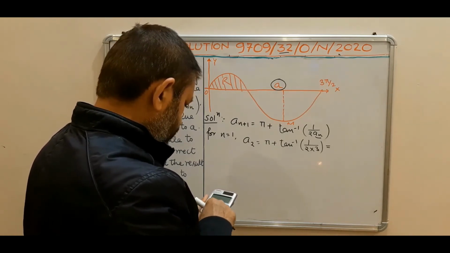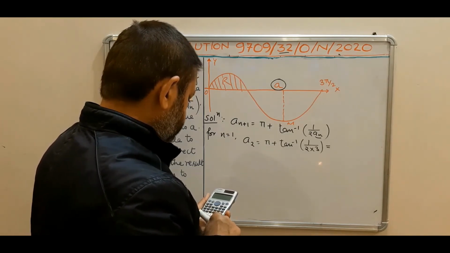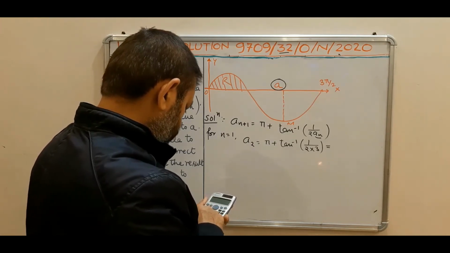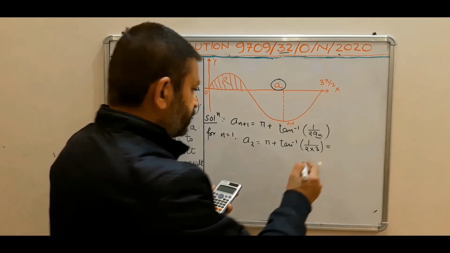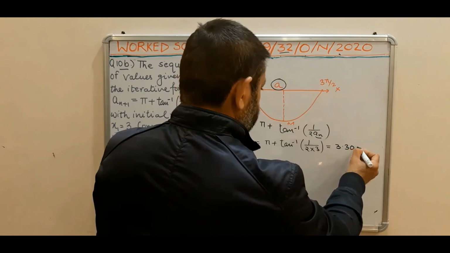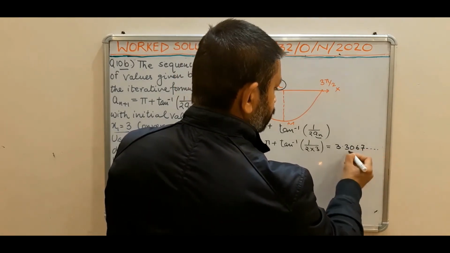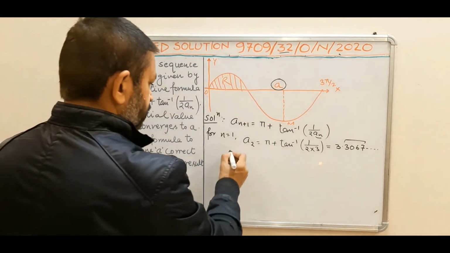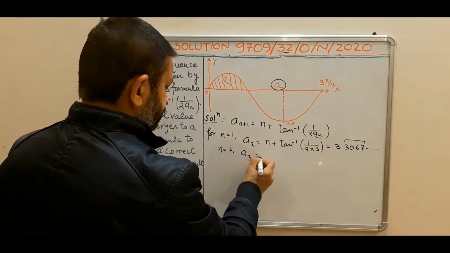2 into 3. It comes as 3.30674. So up to 4 decimal places it will be 3.3067. Now for n is equals to 2, we'll find A3.